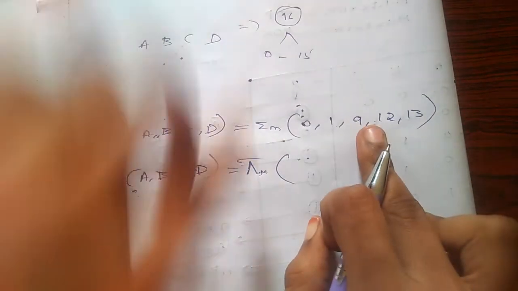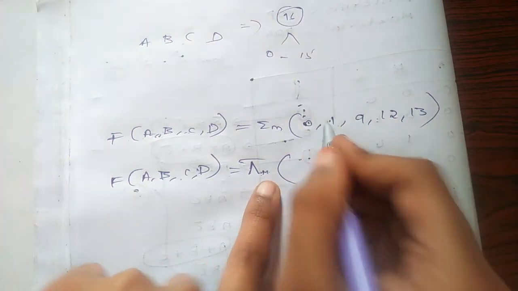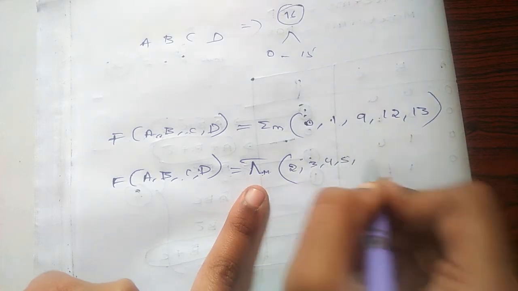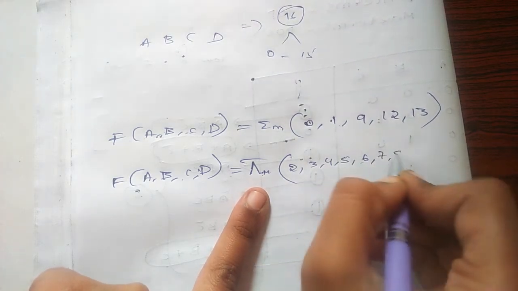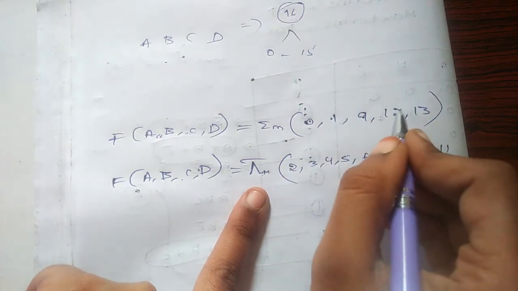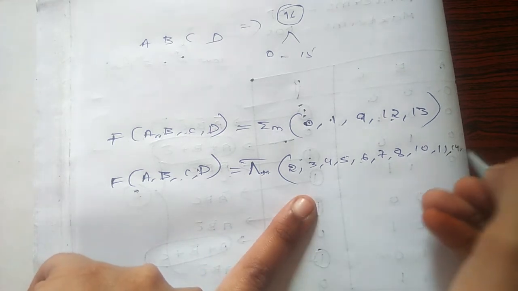So what is missing in the min term equation can be written in the max term: 2, 3, 4, 5, 6, 7, 8, 10, 11, 14 and 15.